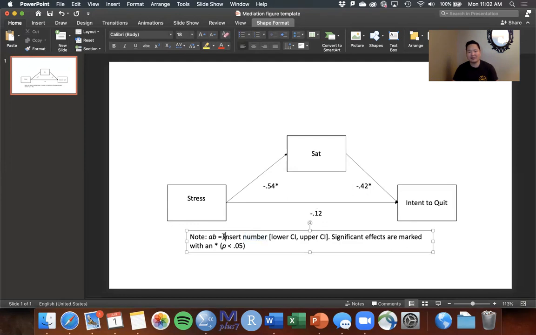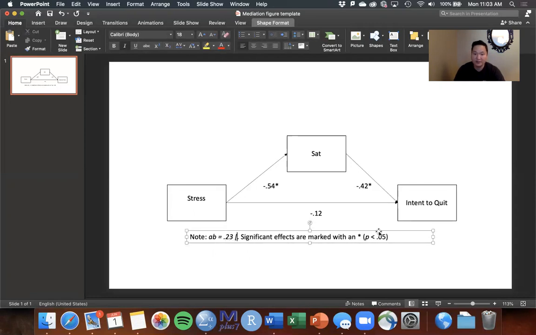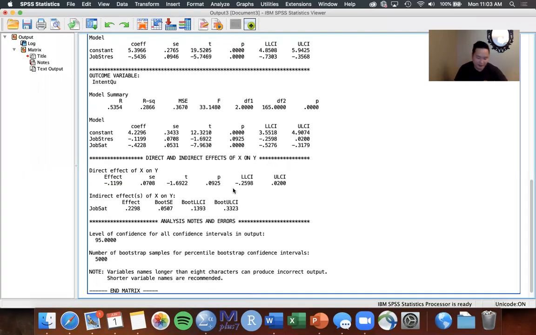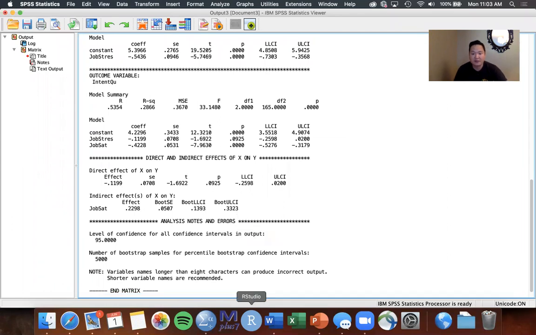It's not directly in the figure, but I make a note here all the time of what the AB coefficient is. So the AB coefficient was 0.2298, so I'm going to round off to 0.23. And the confidence intervals, I need to go back and get these again, were 0.14 rounded off and 0.33 for the upper.